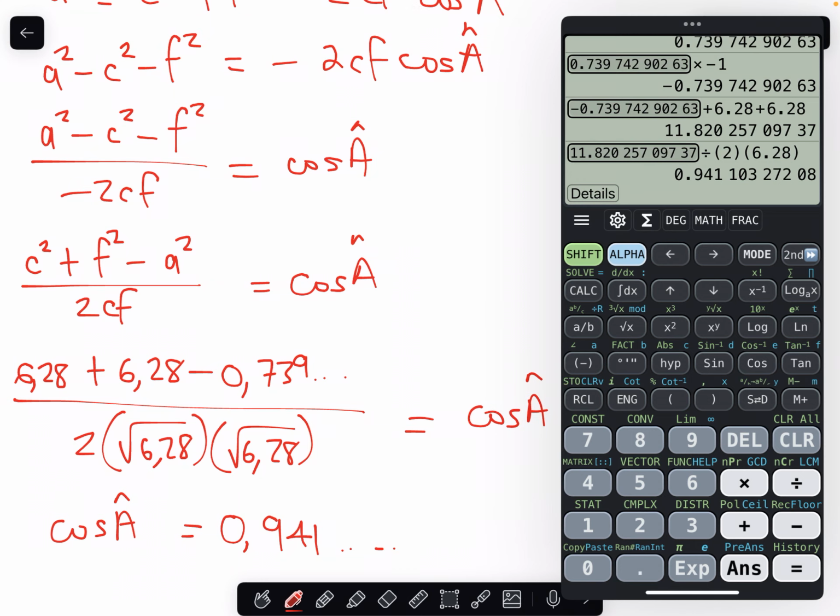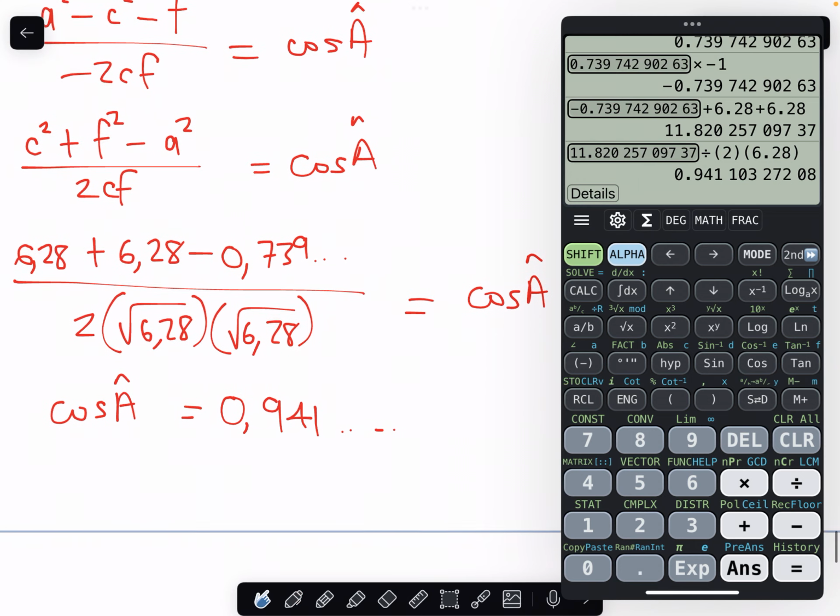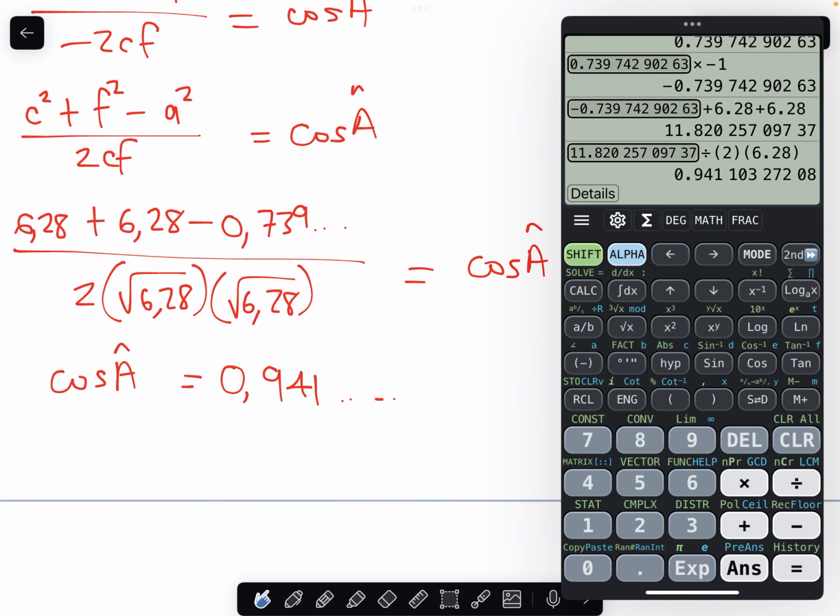Okay, and because we're working in the context of a triangle, we know that a is some number between 0 and 180, so first or second quadrant angles, and because the cosine ratio of a is positive, that means it must be in the first quadrant.